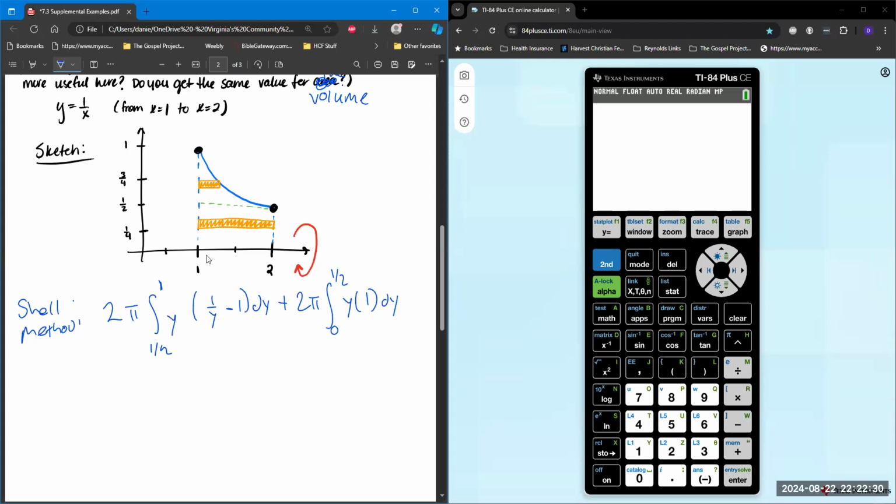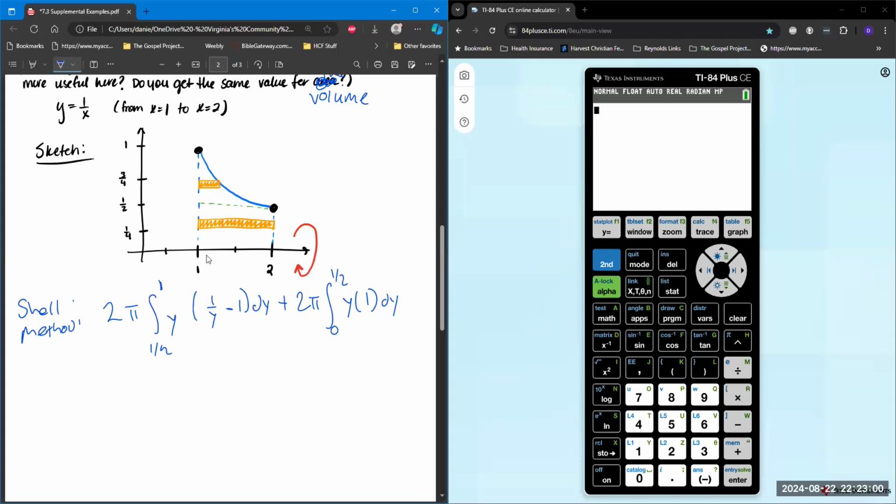So y is my distance here away from this axis of rotation, but I am actually going to have a washer idea going on here. So I'm going to be subtracting here to get my radius.